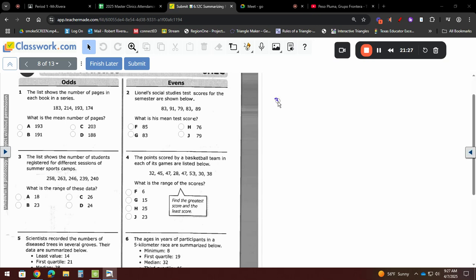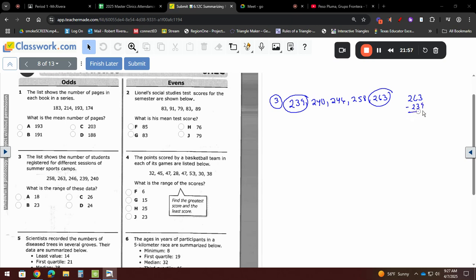So number 3, my first job is to put them in order. So it's going to be, who's the first one? 239, comma, 240, comma, 246, comma, 258, 263. Questions? Now, since they want the range, you get the maximum, which is the greatest, and the minimum, which is the least, and you go to the side and subtract.